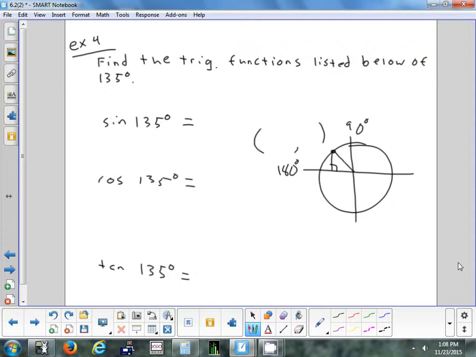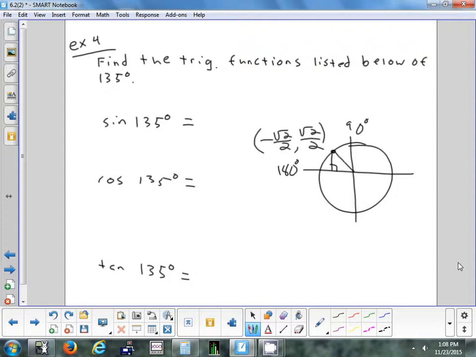Okay, Corey, what's my coordinate here? So that would be negative root 2 over 2, root 2 over 2. Left and up. Good. Okay, now it's important we don't mix up x and y because they're different. Right, so Heaven, what's my sine?